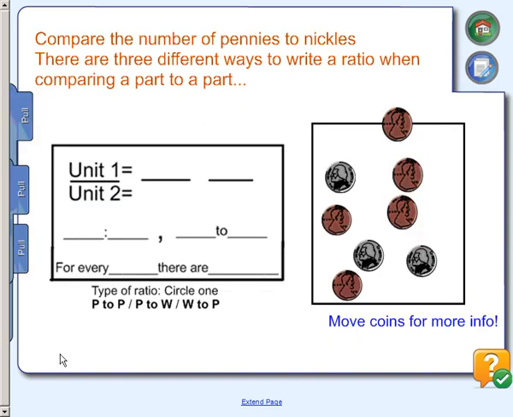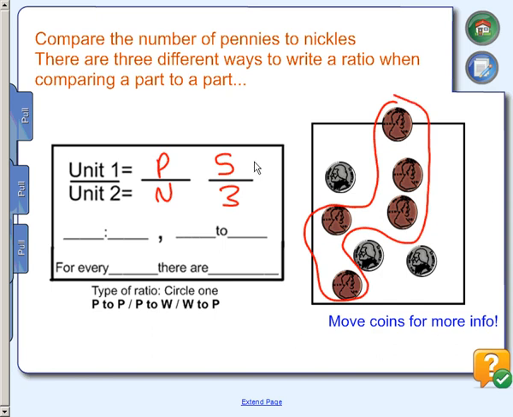All right, so again, what it asks us to do here is compare the number of pennies to nickels. So there are 3 different ways, which we have done already. And then I do want to identify what type of ratio this is. Because we're comparing pennies to nickels and saying that that's 5 to 3, that is a part-to-part ratio because we have a whole group of coins.